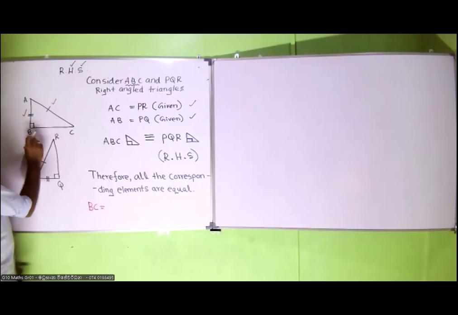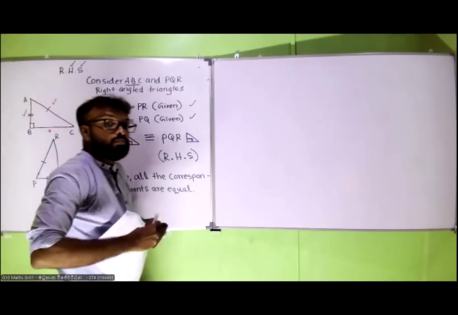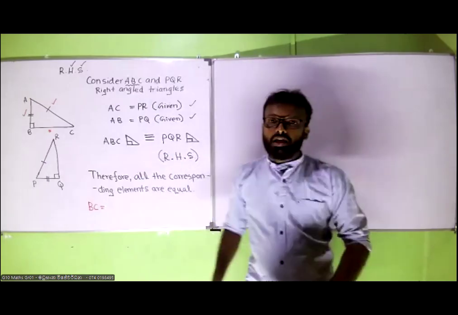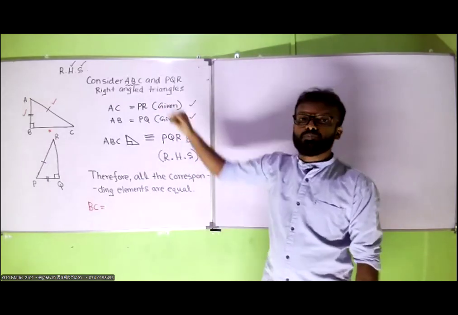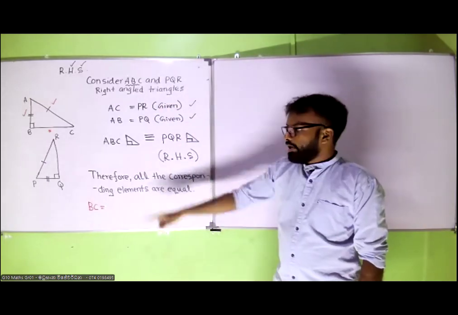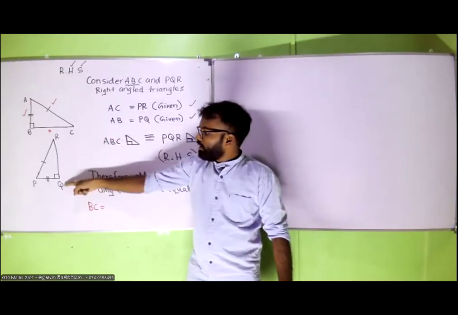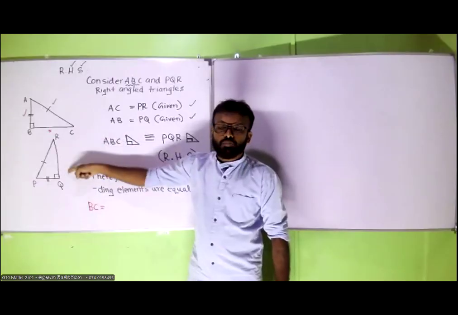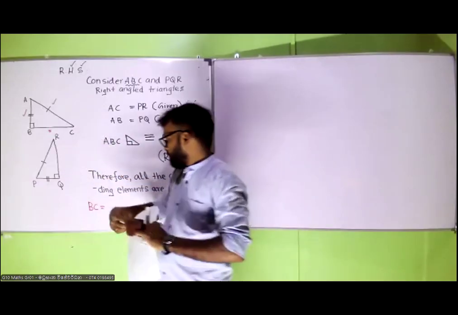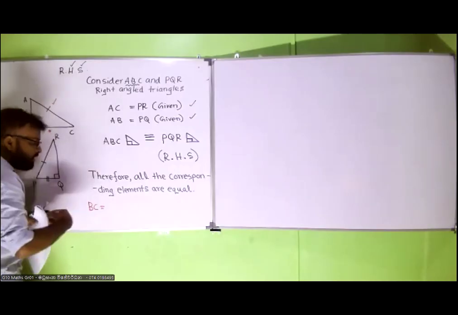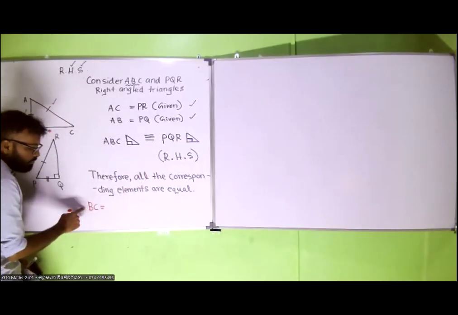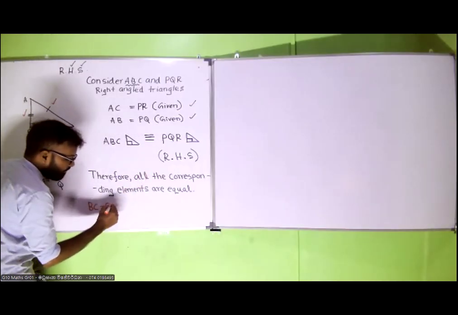What is the corresponding side for BC in the other triangle? It should be QR. So these are the other corresponding elements: BC equals QR. You need to write.